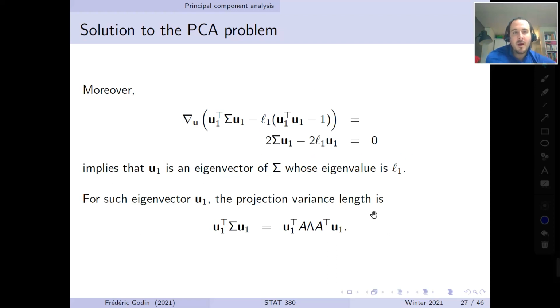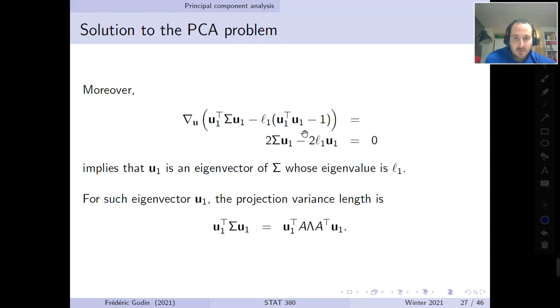If we go back to what we learned in the preliminary slides, because sigma is symmetric, the gradient with respect to u of this is twice times sigma u. The first u disappears and is replaced by a 2, because this is a quadratic form with respect to u, as we showed in the preliminary slides. Conversely, if you differentiate the other term with respect to u, the minus 1 disappears.